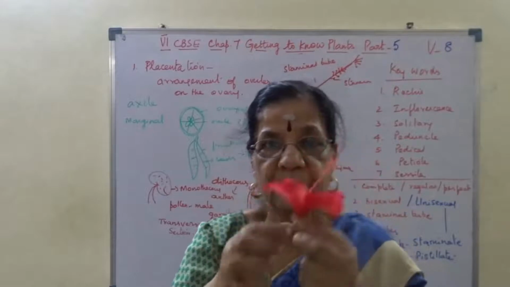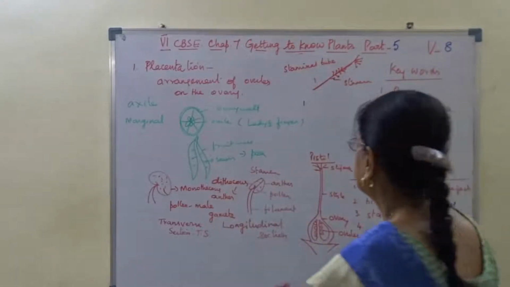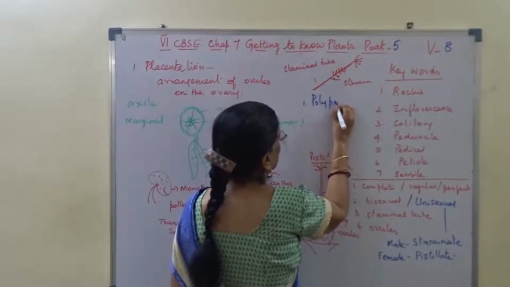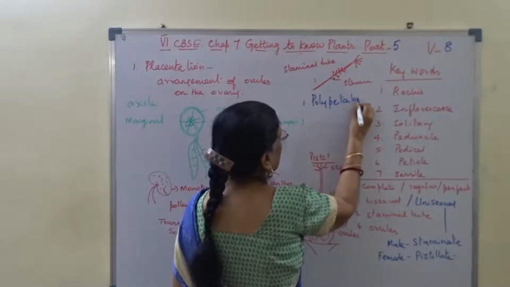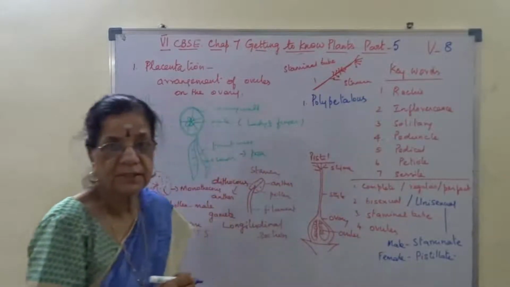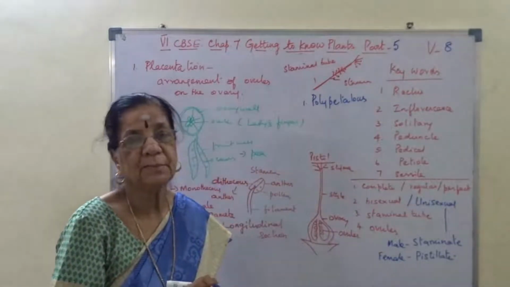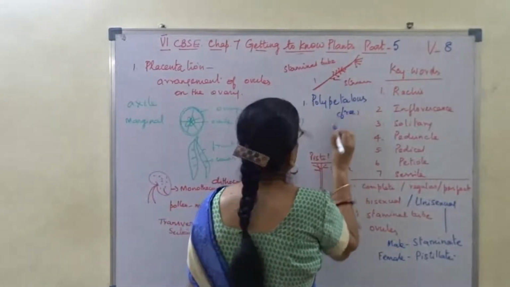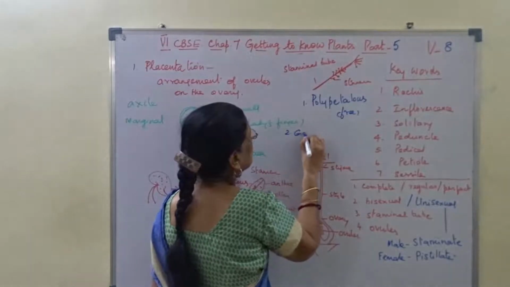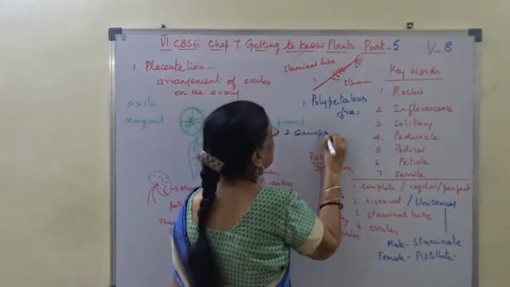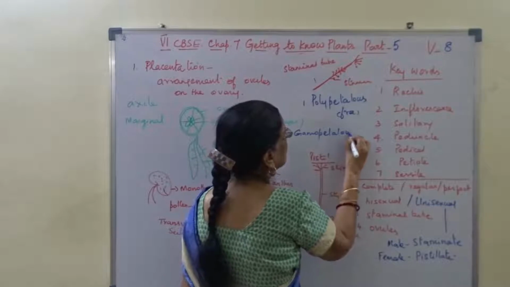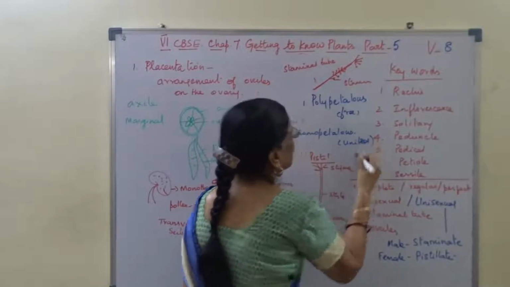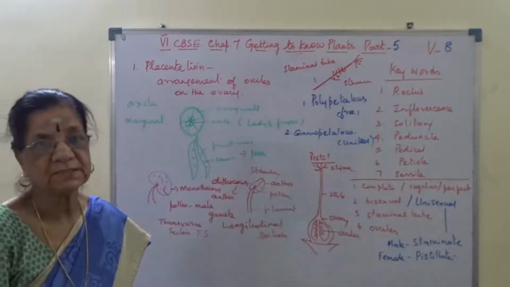So when the petals are free, it is said to be polypetalous. It is free petals. When the petals are united, it is called gamopetalous. Petals united, it is called gamopetalous.